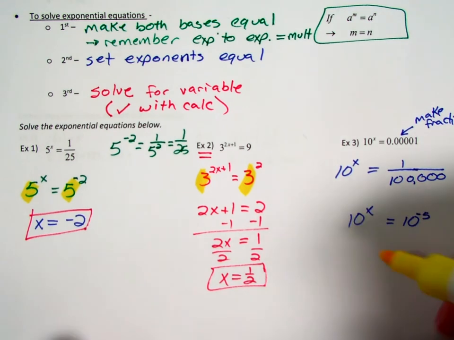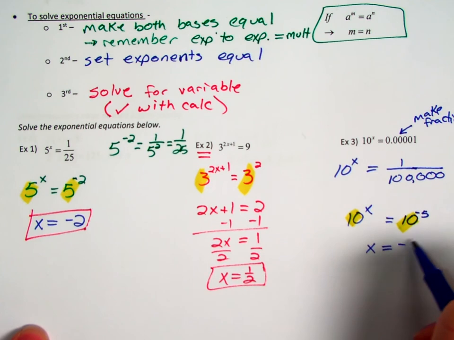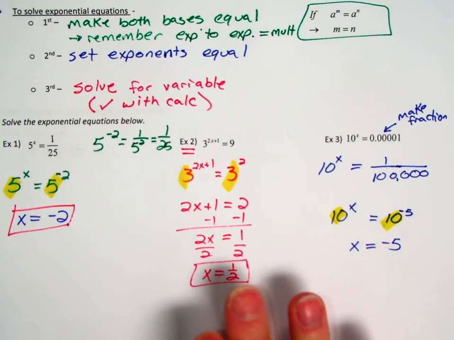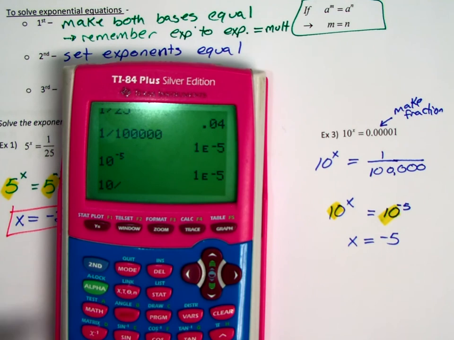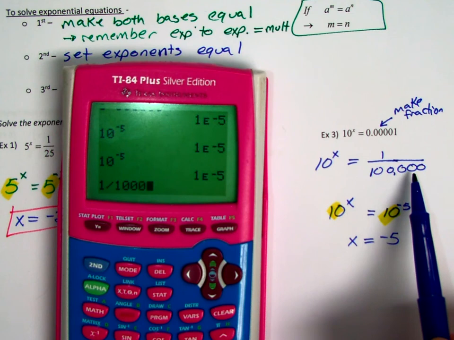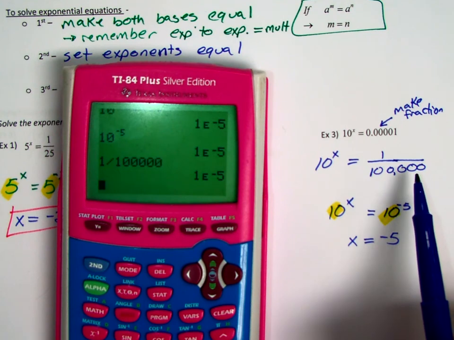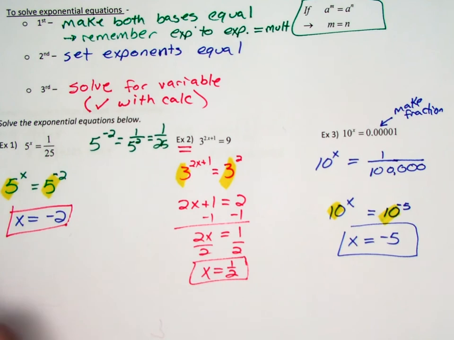So now again, our bases are the same, and if our bases are the same, then we can set our exponents equal. And again, I would recommend checking this in your calculator. So 10 to the negative 5 gives me 1e to the negative 5, and then 1 divided by 1, 2, 3, 4, 5. Same answer, so I know that x equals negative 5 is correct.